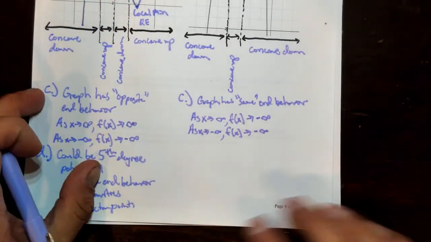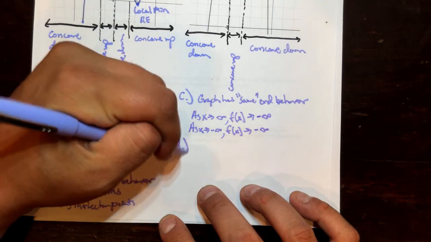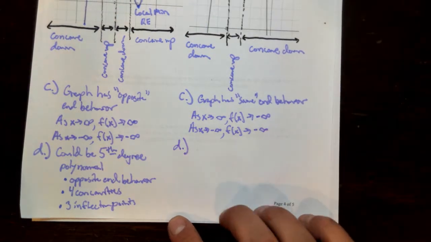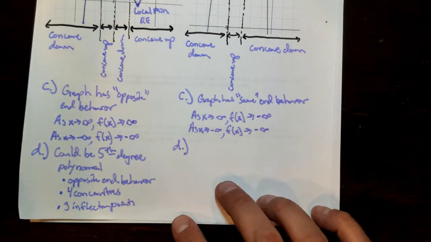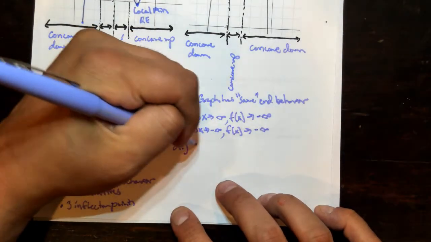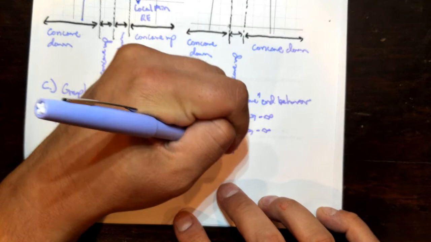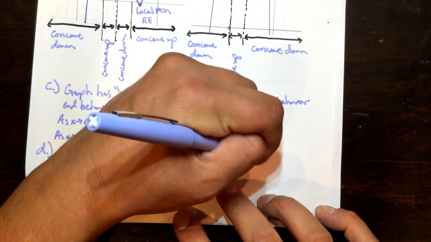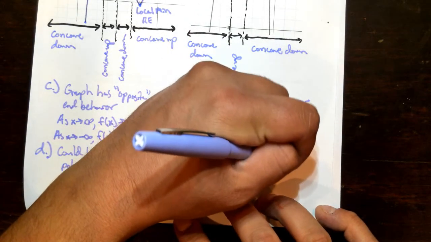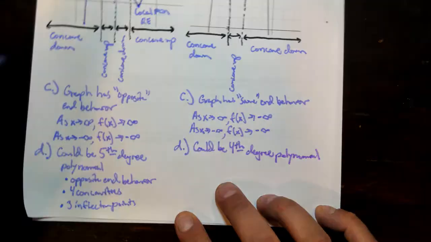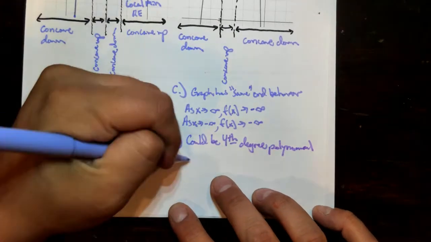All right, and then part D, explain what degree polynomial the graph could be, and why. Well, this could be a fourth degree polynomial. And this is why.